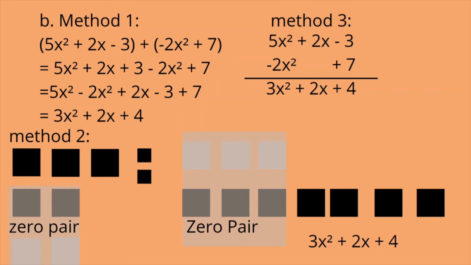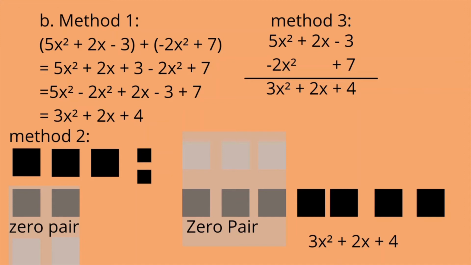For the second method, we are going to illustrate the equation using the algebraic tiles. On the left side, we have 5 big dark tiles that represent 5x squared and 2 small dark tiles that represent 2x. The 5 big dark tiles are subtracted by 2 light tiles that represent negative 2x squared.